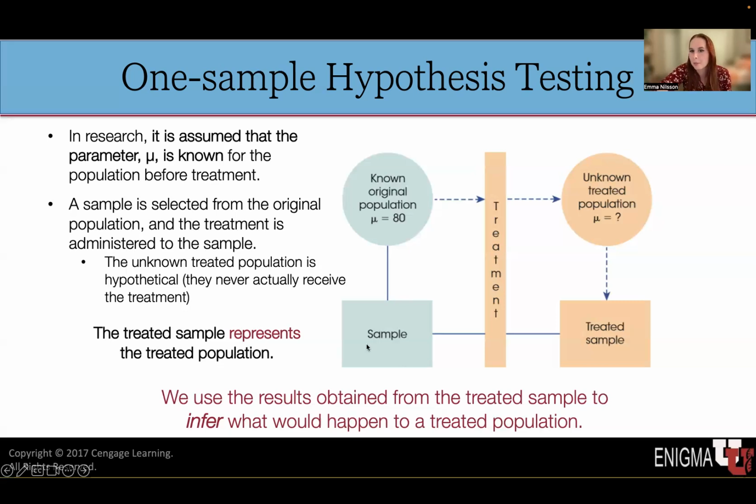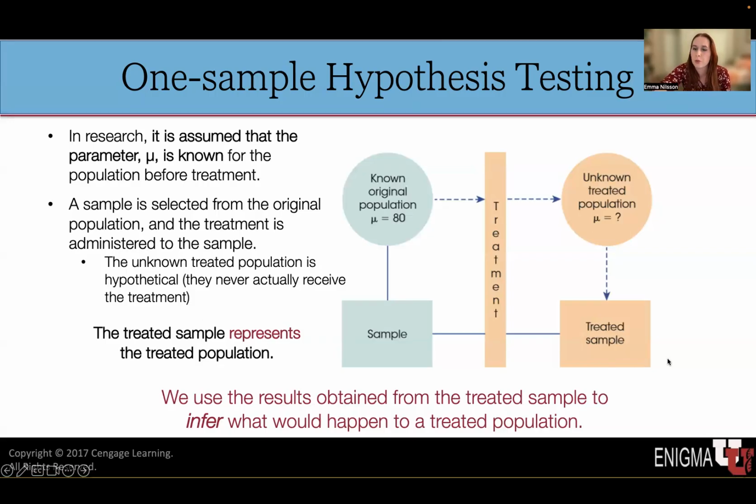So we take a smaller sample, administer treatment to them, and then we take the statistics that we get from our treated sample and hypothesize or draw conclusions about what the unknown treated population would look like if we gave all of them the treatment.